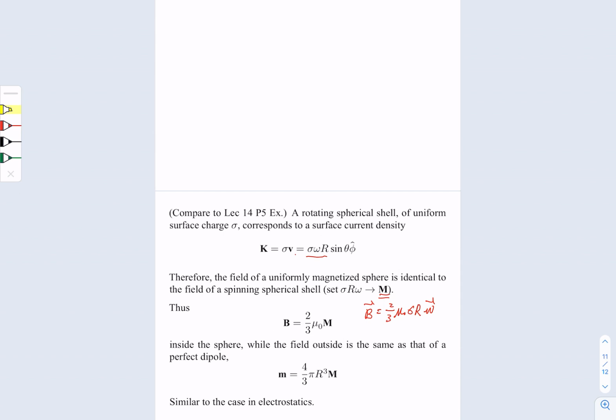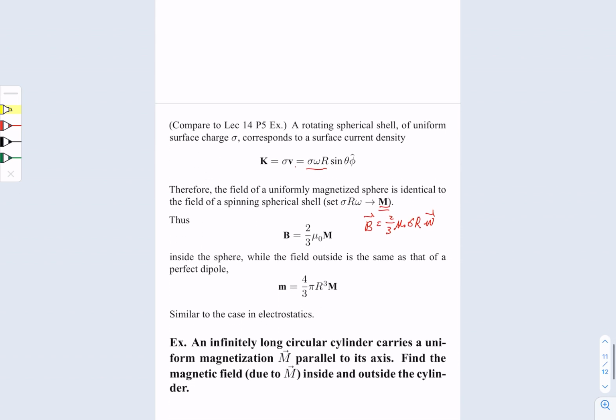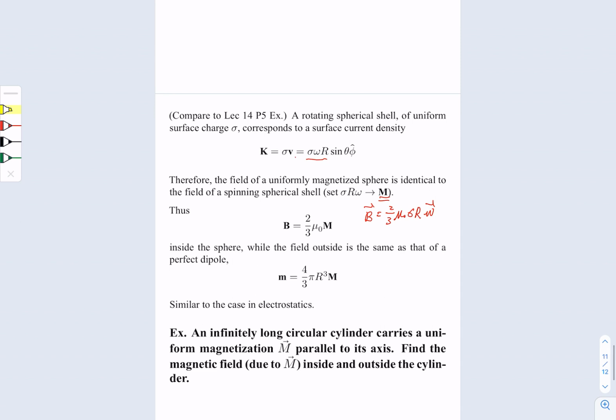Okay, so this equation is because from the last lecture we calculated the B field of a rotating charged sphere, and that's the equation here, and we simply copied the equation over by identifying the correspondence. Okay, so we will talk about this more, hopefully next Monday.